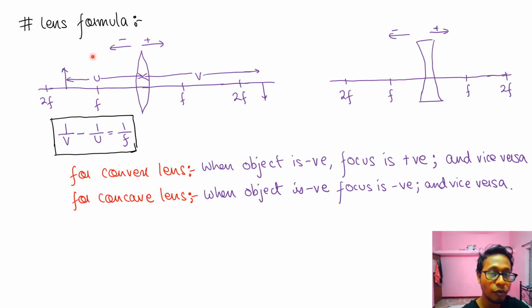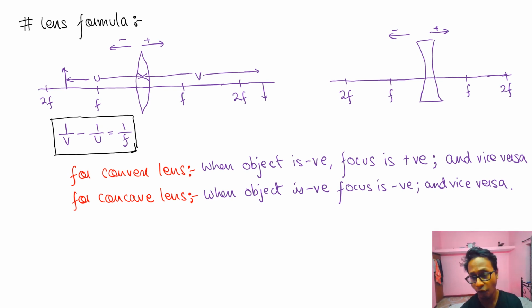But in the case of water, a material with a heavier refractive index, this will behave as a diverging lens, so the object and focal length will be treated on the same side. And in a denser medium, this will behave as a converging lens, so object and focus will be on different sides. Understood? So while assuming this formula, I have always assumed that my lens is operating in air, or a medium lighter than the refractive index of the glass material.